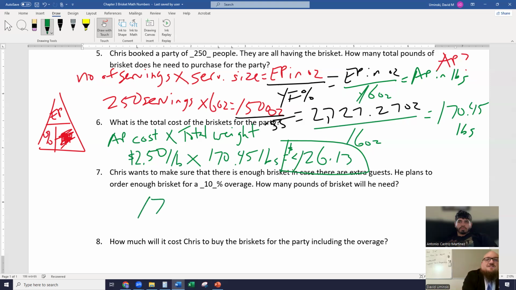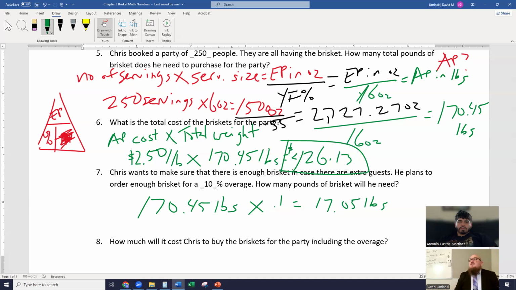So we start with 170.45 pounds. How do we increase by 10%? Okay, yeah, so what is 10% of 170.45? We multiply by 0.1, and we get 17.05.